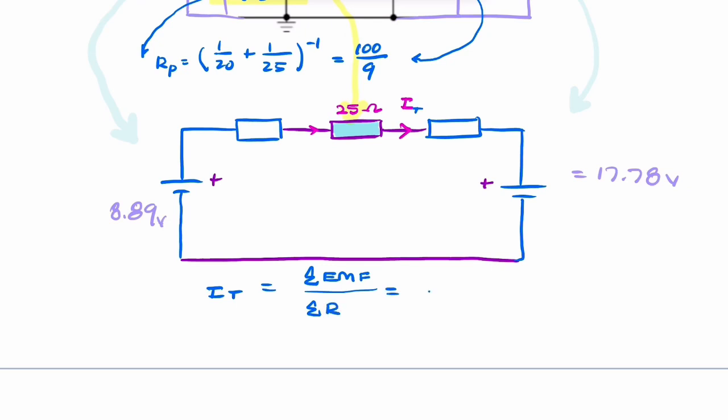So it would be 8.89 minus 17.78 divided by the sum of these three resistances. And remember, each of these is 100 over 9. So you've got 100 over 9 and 25 and 100 over 9.